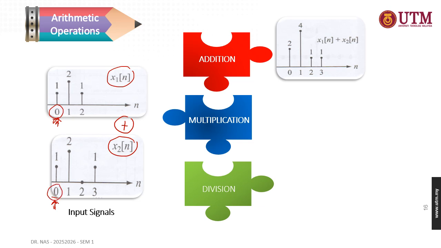So the amplitude 1 plus 1 is 2 at 0, and at 1 the amplitude is 2 plus 2, which is 4. At 2 it's 1 plus 0, so it's 1. At 3, here it's nothing, so it's 0 plus 1, so it's 1.